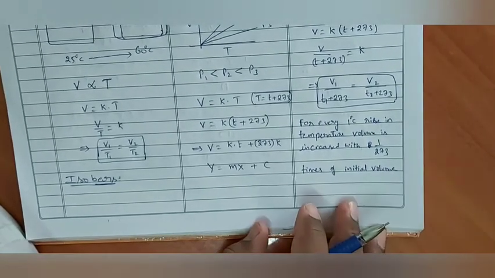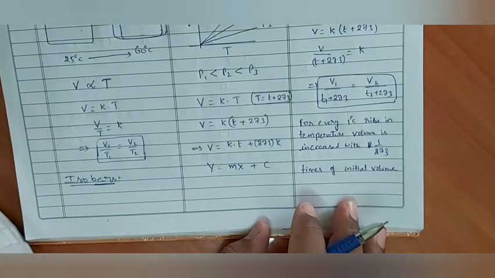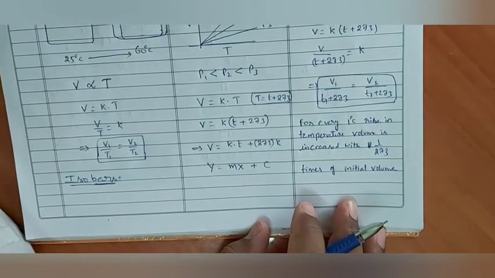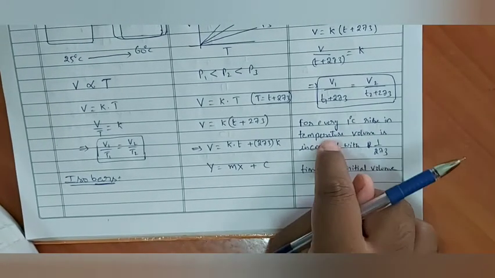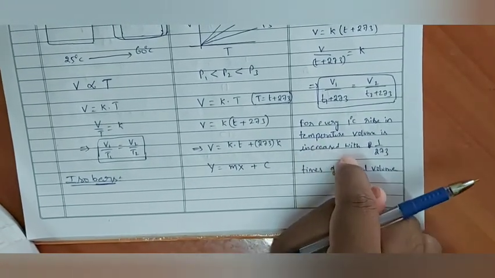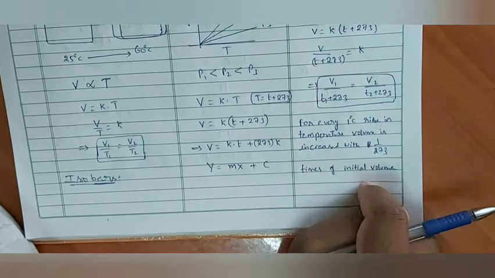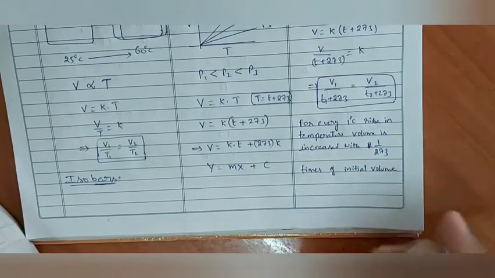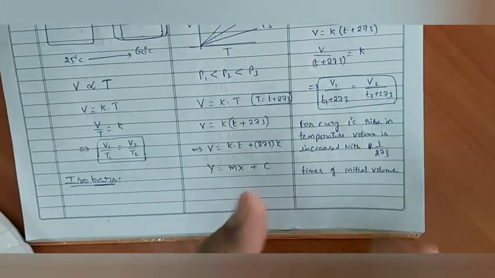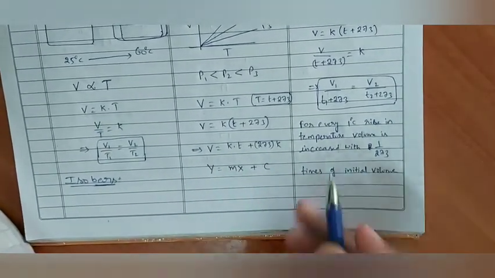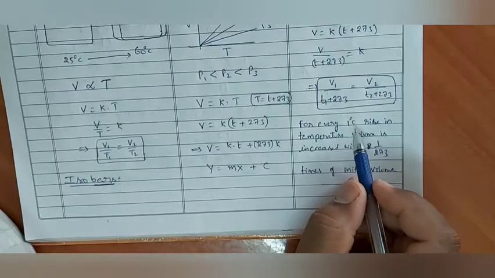First, observe the sentence correctly. For every 1 degree C rise in temperature, volume is increased by 1/273 of its initial volume. That much volume will be increased for every 1 degree C rise in temperature.